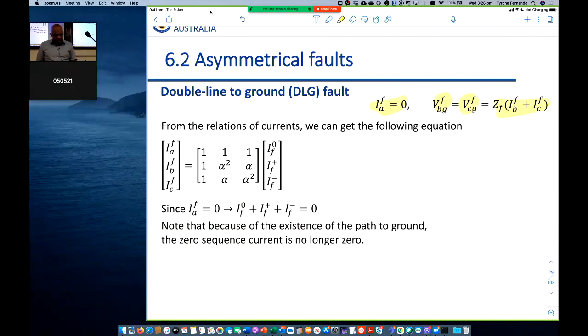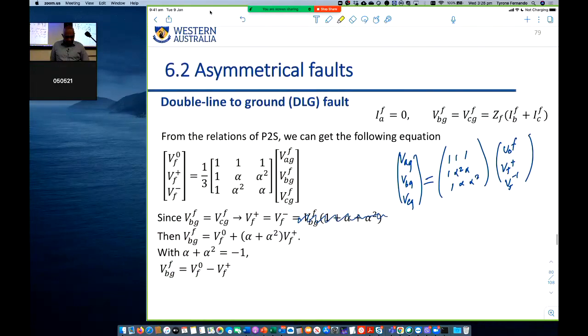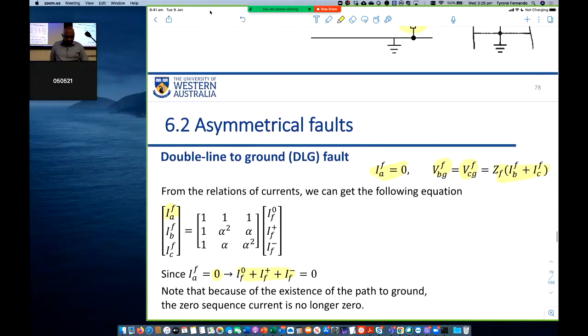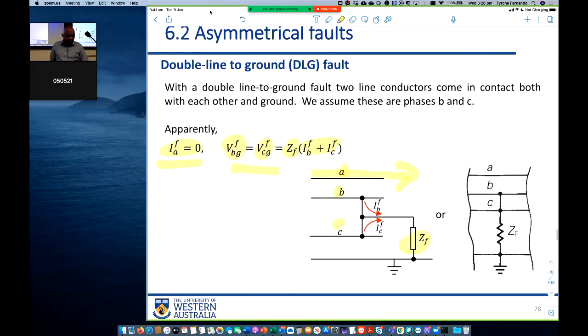So we can say this value here is 0, so 0 must equal the sum of the sequence currents, right? We can say that. And we can also say that zero sequence current is no longer 0 because we have a path to ground. So zero sequence currents can flow because there is something connecting to ground.